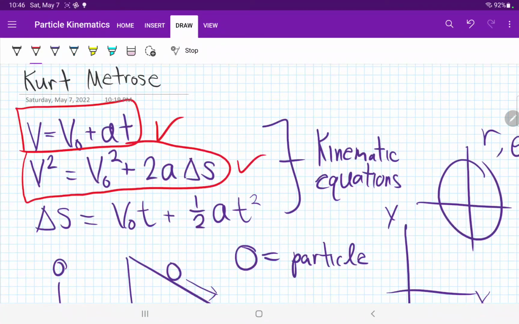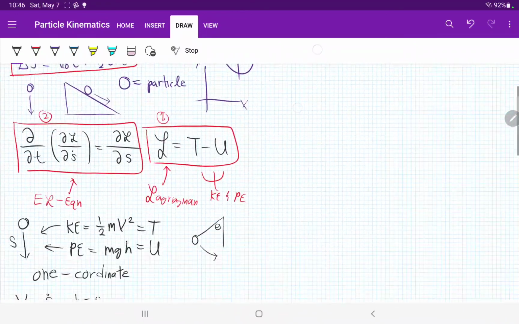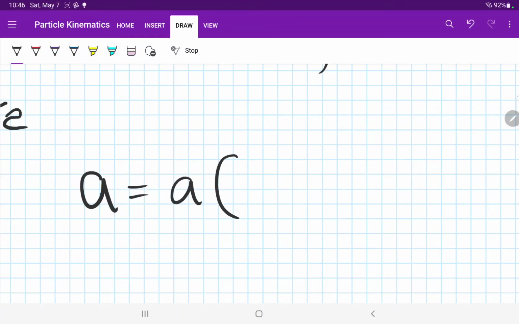Okay. Now this last equation over here, delta s, oh wait, sorry, my bad. This is the one we had. This last one over here, v squared equals v0 squared plus 2a delta s. Now that is an equation that comes from when we write acceleration as a function of position.